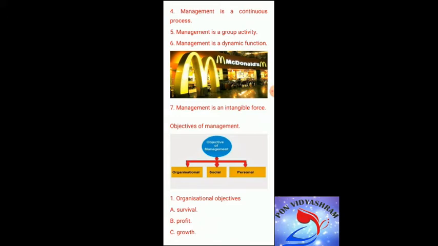Instead of beef or pork, they used aloo, potatoes, in the stuffing of the burger and called it a potato burger. So they have adapted the strategies according to the environment where they wanted to establish their organization. So dynamic is a function of management.